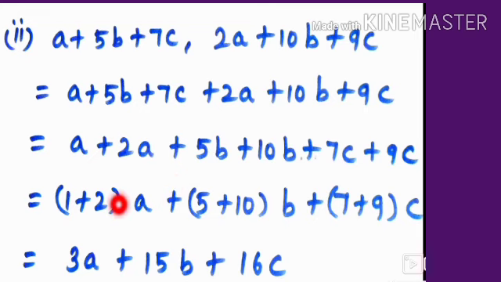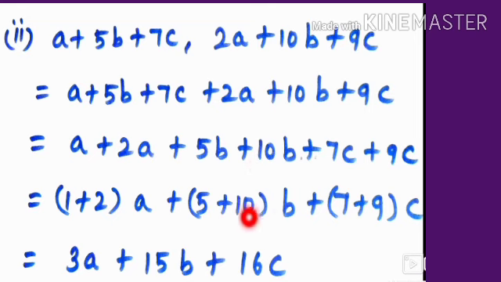Now in the next step, we know how to add algebraic terms. To add algebraic terms, we have to add the coefficients alone. So here the coefficient of a is 1, the coefficient of 2a is 2. So 1 plus 2a, plus, here the coefficient is 5 and here the coefficient is 10.